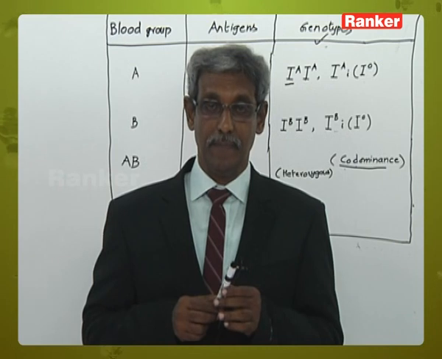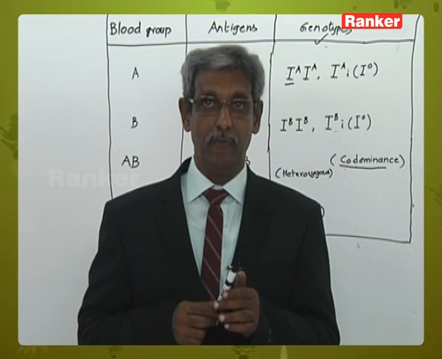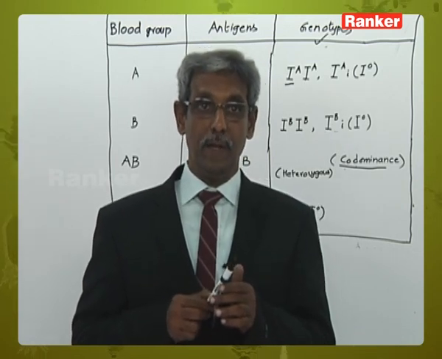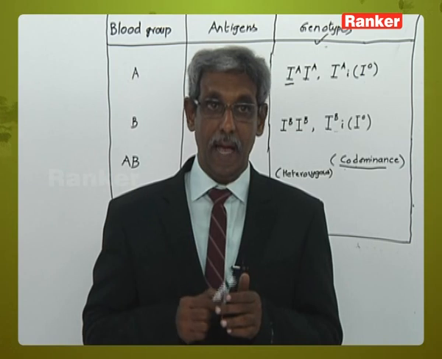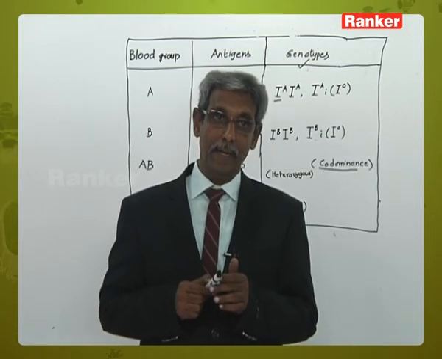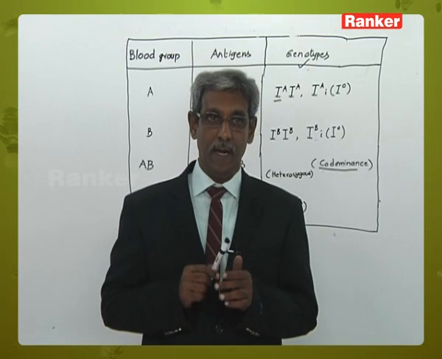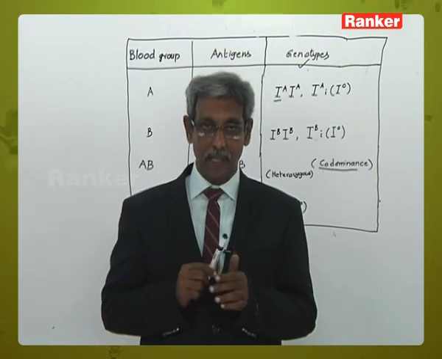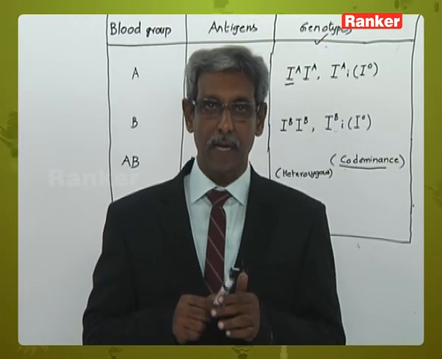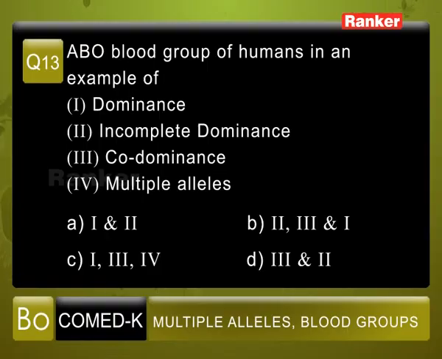The correct choice shows dominance because there is a single gene, monogenic inheritance, in the form of I. Then again there is codominance, as you see in the case of A and B. And again it's an example of multiple alleles because we have a cluster of genes which come together at a particular locus, like the A gene, the B gene and the O gene, and the genotypes expressed are IA, IB and i. Therefore the choice is that it has dominance, codominance and multiple alleles.